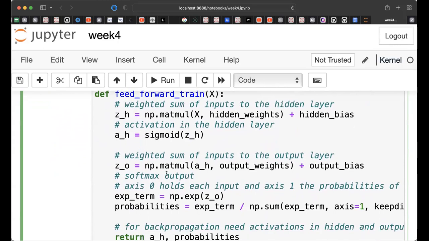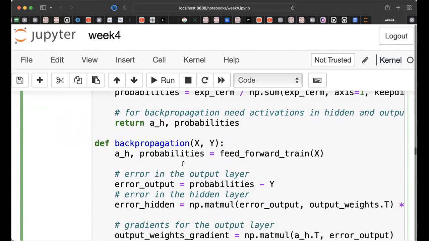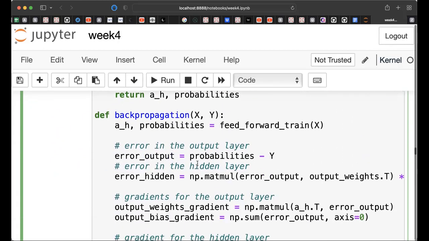So I'm calculating my output from a feed forward pass. And then I have my back propagation here. So I'm setting up the derivatives of the cost function. So if you go back to the function which we had in the very beginning of these slides, you will find the derivative of the cross entropy. This is one part of the function which we need.